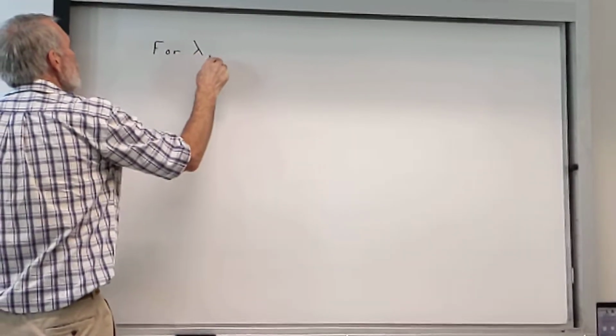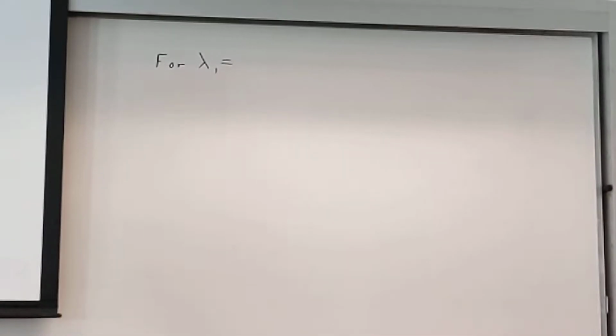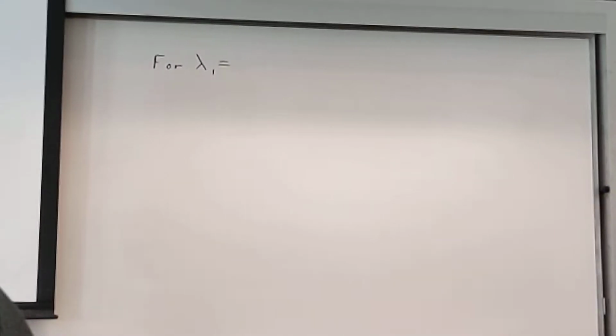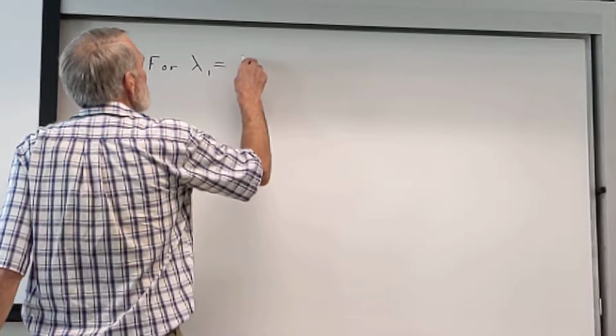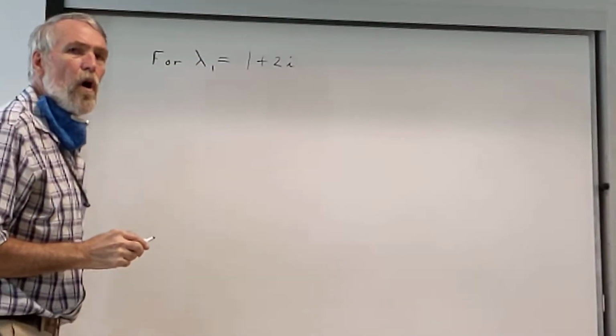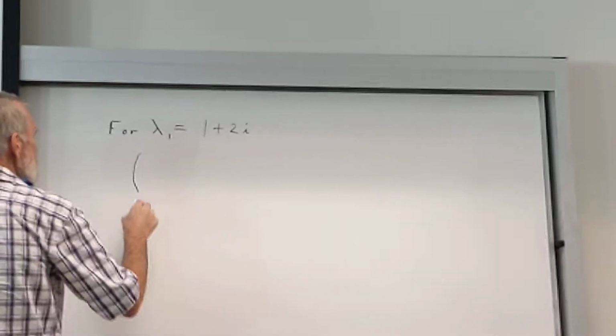So, for lambda 1, by the way, you're only going to have to take lambda 1, right? We don't have to worry about that conjugate because we're only going to take the real and imaginary. So we can just get the lambda 1, which again is this 1 plus 2i. So, what are we solving? This is the part that I know people have a little bit of difficulty with.